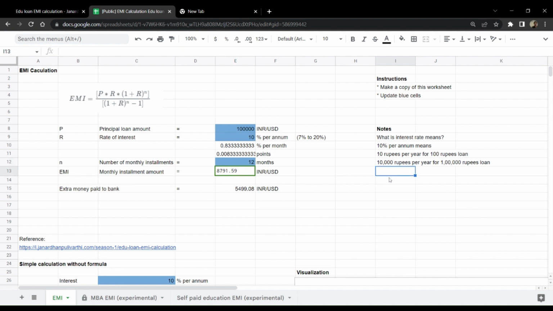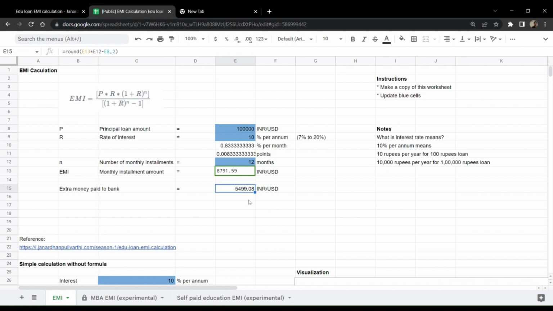On similar lines, we are taking a 1 lakh rupee loan, and after 12 months, other than the 1 lakh, we are paying only 5,499 rupees extra.